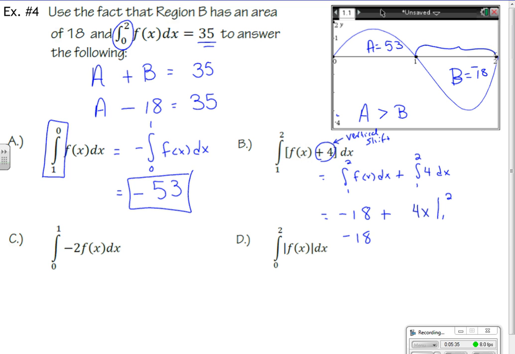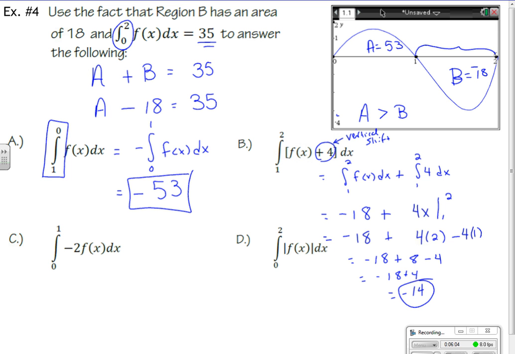That makes negative 18 plus, let's do the fundamental theorem, put 2 in, and I'm at 4 times 2 minus 4 times 1. Evaluating at 2, then evaluating at 1. That gives me negative 18 plus 8 minus 4, and that gives us negative 18 plus 4, so negative 14, answer to part B.